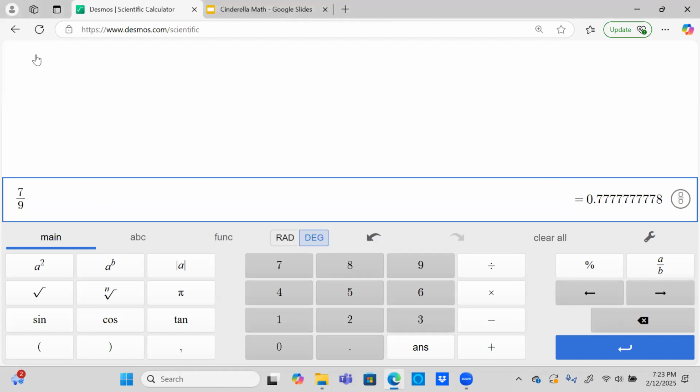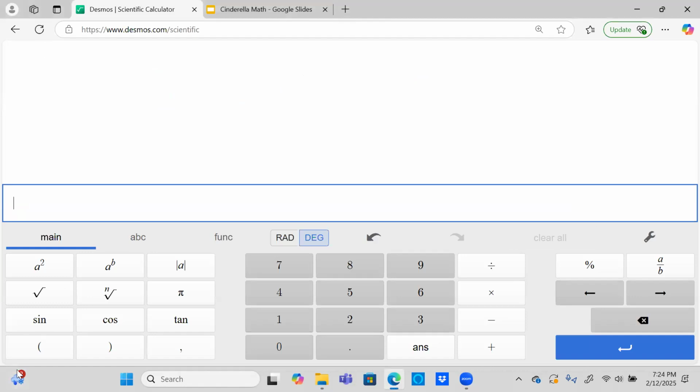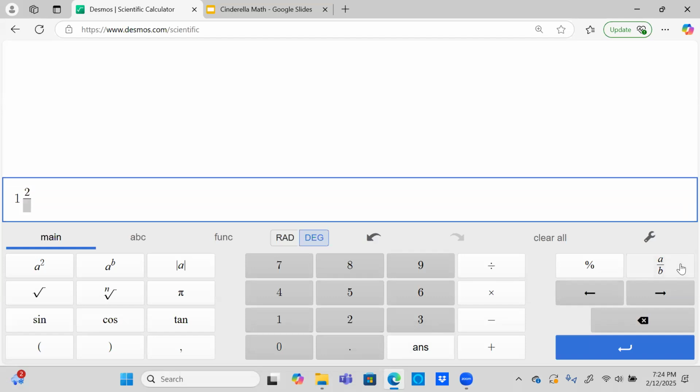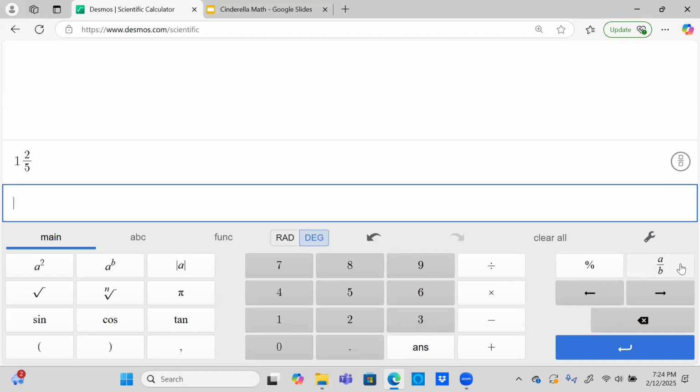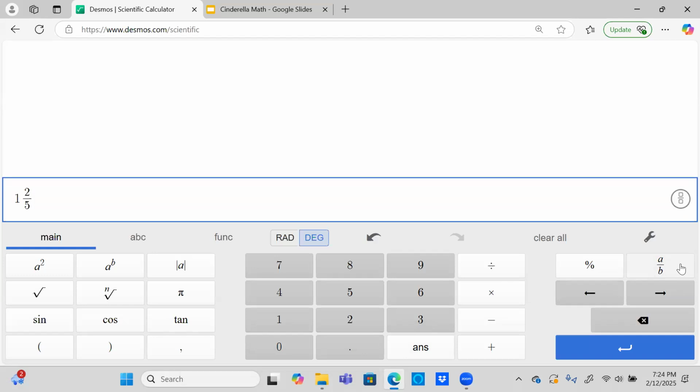Okay, if you have a mixed number, I'm not sure if this does mixed numbers. Let's see. Let's say 1, and then I'll hit the fraction, 2/5. Does that do anything? It'll turn it improper, won't it? Yep. So this does help you turn to improper. So there's the mixed. Push that fraction button at the right-hand side, improper.